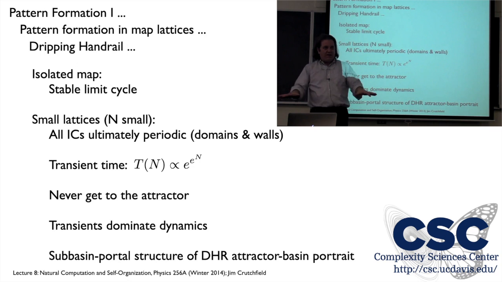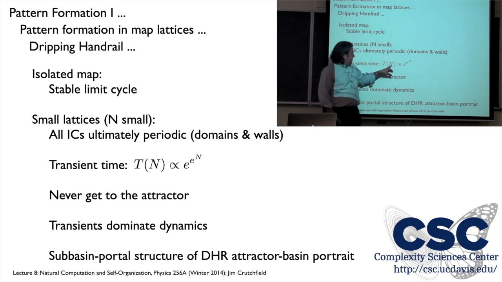When they finally all get into phase, then the whole lattice is homogeneous. There are no spatial differences. The dynamic reduces to that of the isolated map, and it just hops along together. The curious thing, though, is that if you look at how many iterations it takes to get to this periodic orbit, it grows as a double exponential.